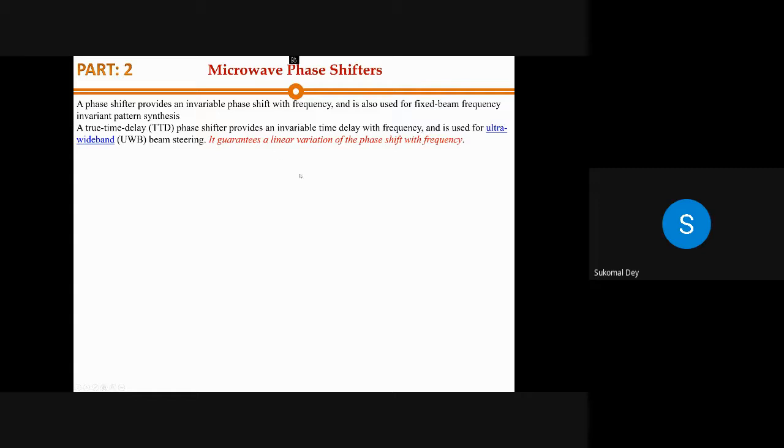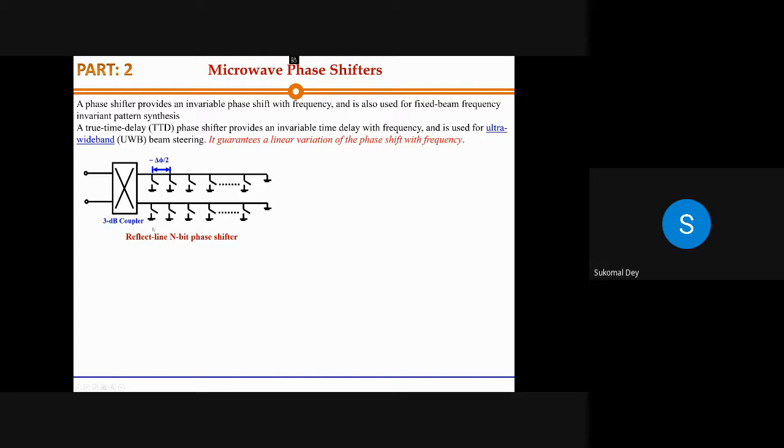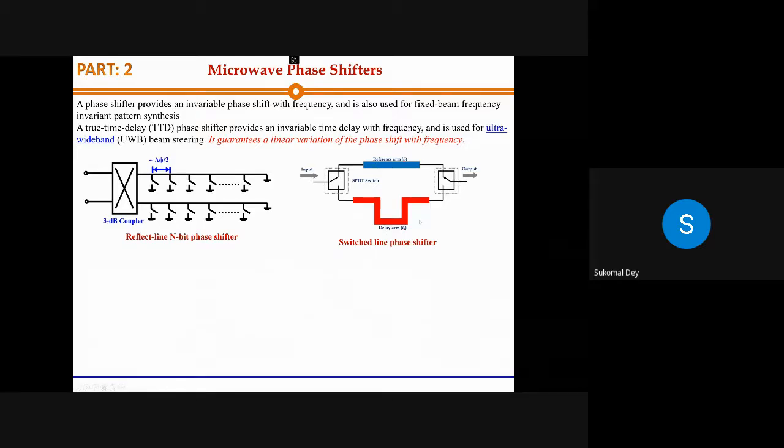If you look at any kind of microwave phase shifter, one of the very common ones is the reflect line phase shifter, where you use 3 dB couplers, then you use lots of switches in shunt, placed based on some spacing, and that spacing defines the phase shift. The second category is the switch line phase shifter, where you connect two arms, one a reference arm and one a delay arm, using some kind of SPDT switch.